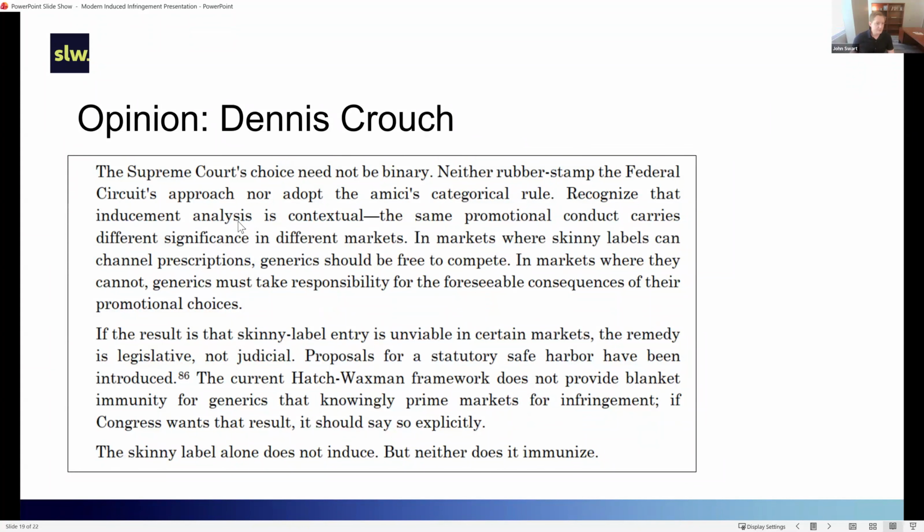Maybe a counterpoint to that is Dennis Crouch, who writes the Patently-O blog. In response to this University of Illinois paper, he published a paper, also linked at the end of this presentation, with the University of Missouri School of Law.